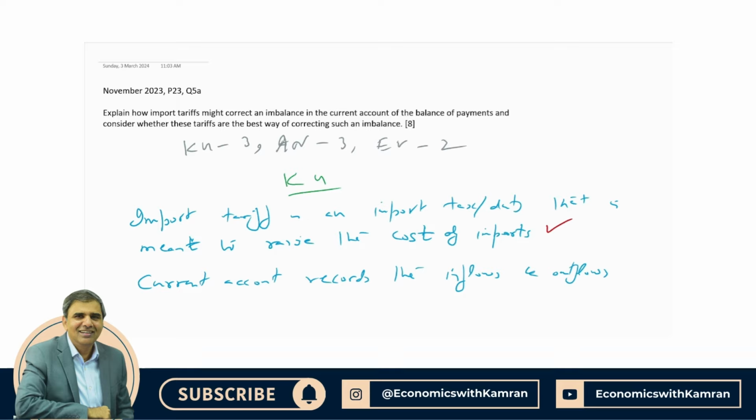Even when I write only a one-sentence definition, I would like to briefly mention all 4 sections of the current account. So current account records the inflows and outflows for exports of goods. Now this is the first section of the current account. This is balance of trade.